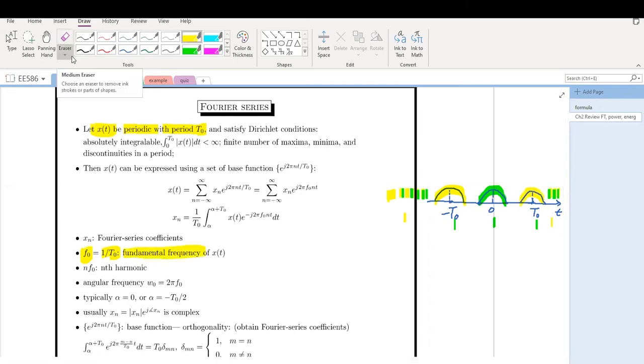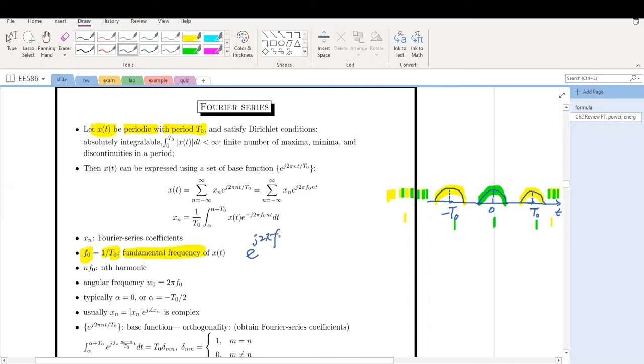Before we discuss the Fourier series, let's talk about this complex exponential e to the power j 2 pi f0 t. This complex exponential is periodic with frequency f0. To see that, we use Euler's formula: cosine 2 pi f0 t plus j sine 2 pi f0 t.